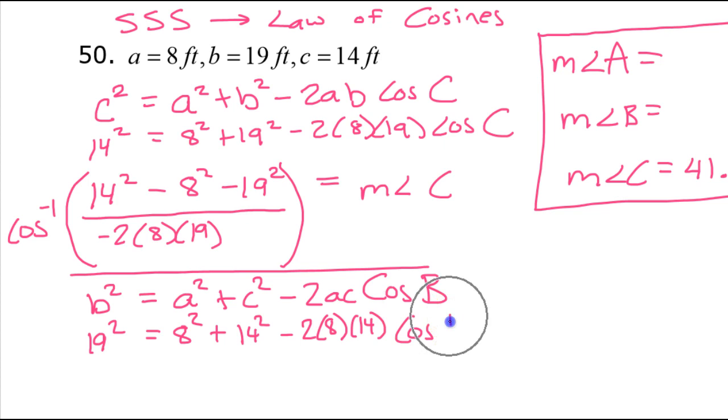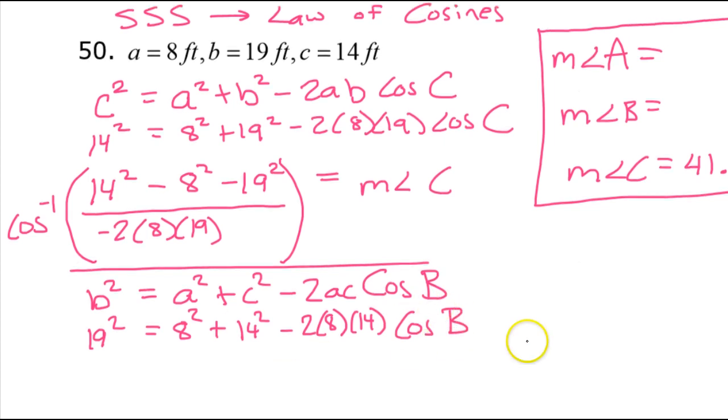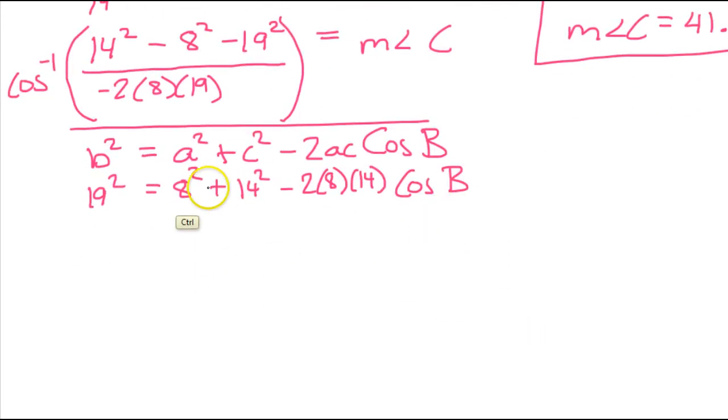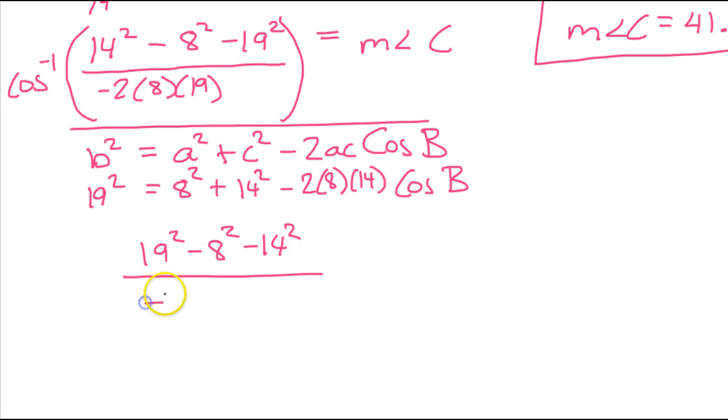of B. So once again, to get cosine of B by itself, I need to subtract these two and then divide by this part. So that's going to be 19 squared minus 8 squared minus 14 squared, and then divided by negative 2 times 8 times 14. All right, if I do all that, that will equal cosine of angle B. But I don't want the cosine of angle B, I want angle B itself.